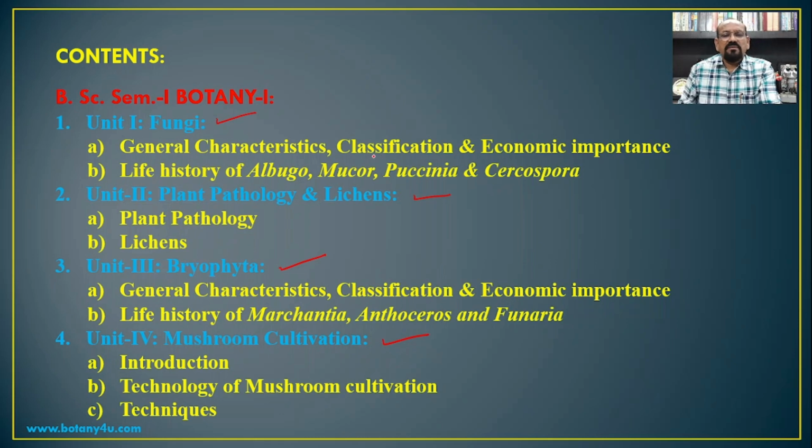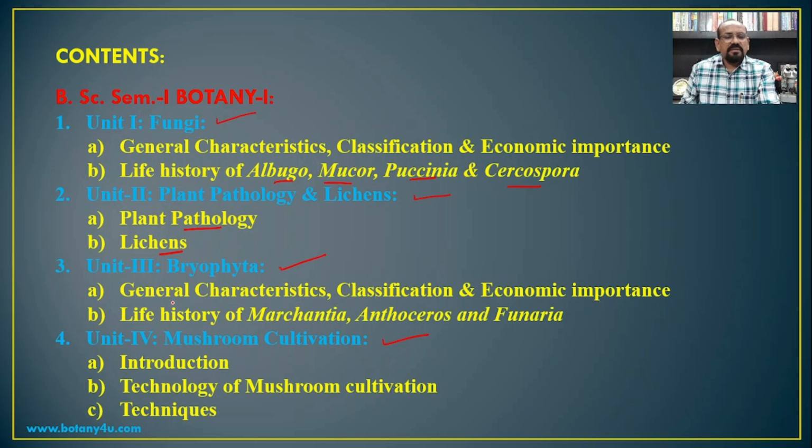In first unit, we will have the general characters, classification, and economic importance of fungi with 4 different fungi, that is Albugo, Mucor, Puccinia, and Cercospora in the form of life history. In second unit, we will have the plant pathology, in which we will study the 3 different plant diseases and the lichens.